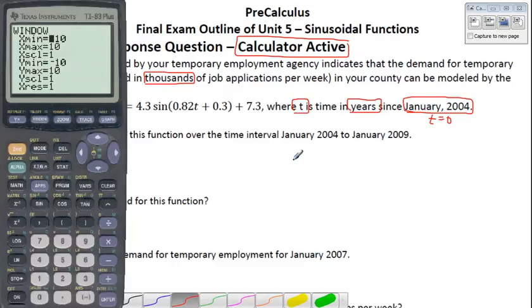Go to the window. It's only for 5 years, so from 0 to 5 years. Hit graph. It's not the best window I've ever seen, so if you don't see any negative values, maybe go up to 15, see if that helps.